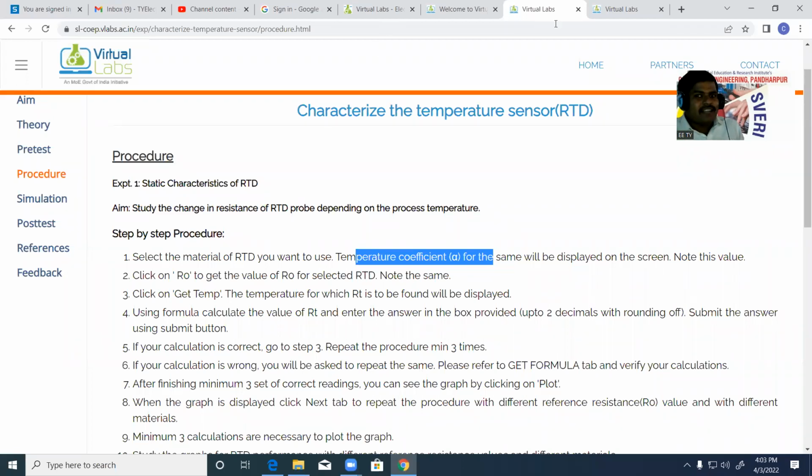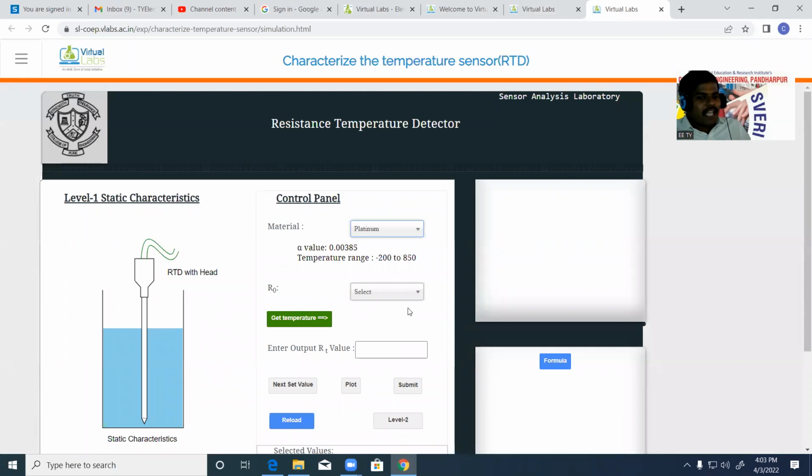We are able to select any value. Here 100 ohm, 200 ohm, 300 ohm, 500 ohm values are given. Suppose I am selecting 100 ohm resistance at room temperature, or it may be 0 degrees Celsius.